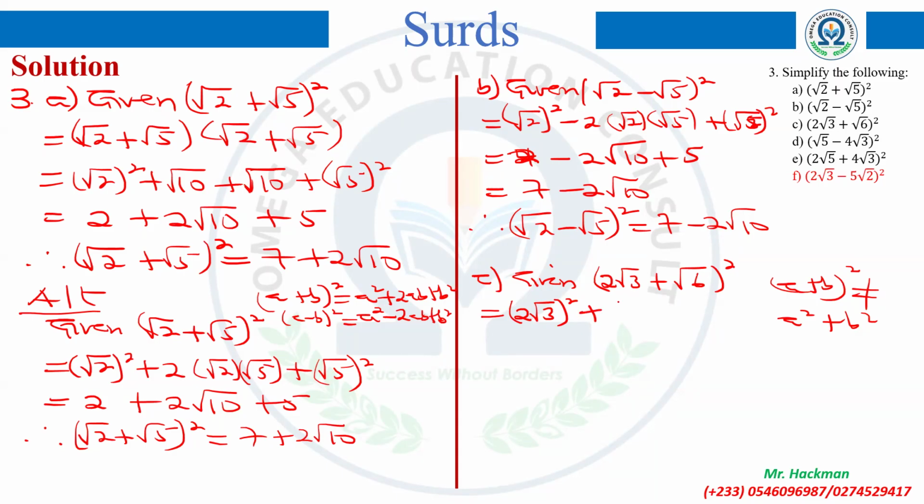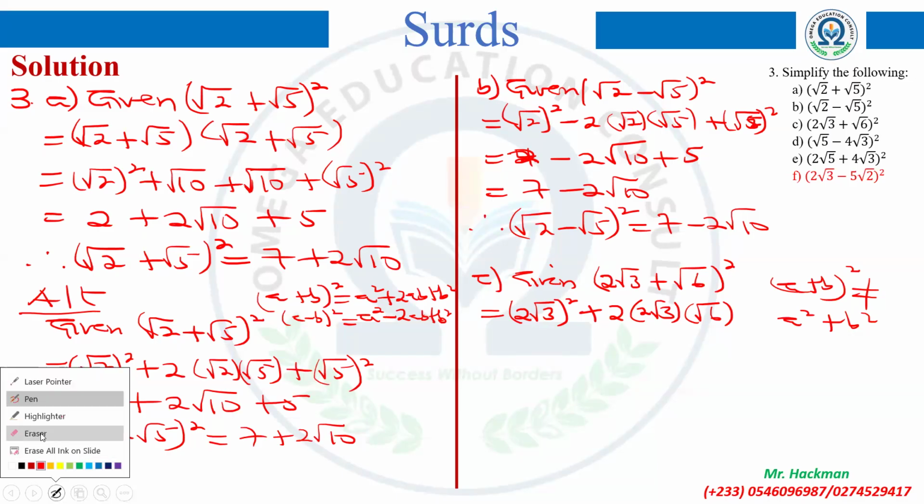Then plus twice the product, because you said 2ab. So you have to look for your a and your b. The product of a and b: a is 2 root of 3, and b is root of 6. Then plus b squared, and b is root of 6, so I'm going to write plus root of 6 squared.